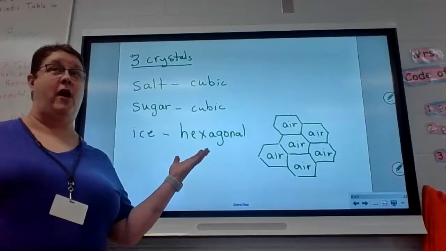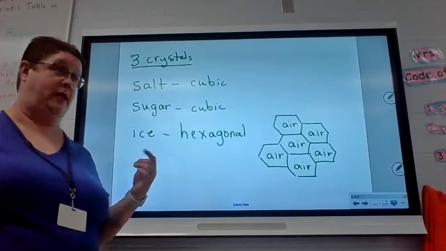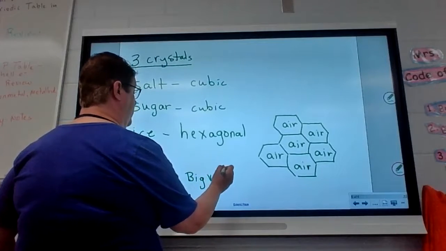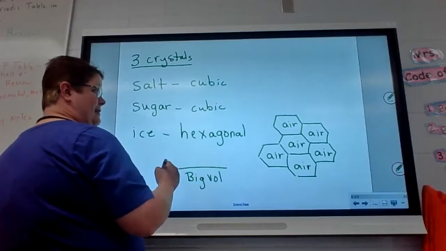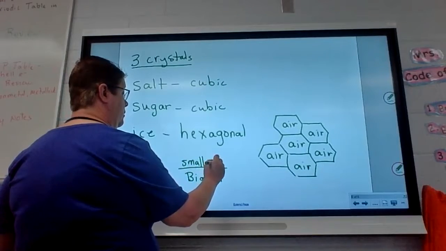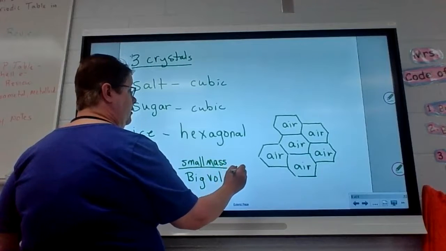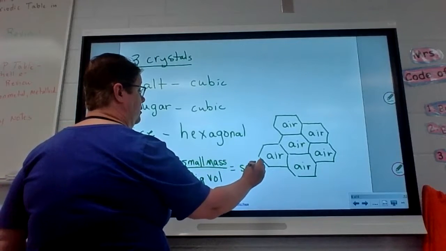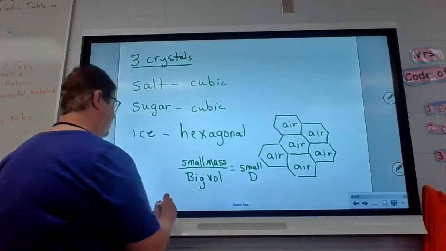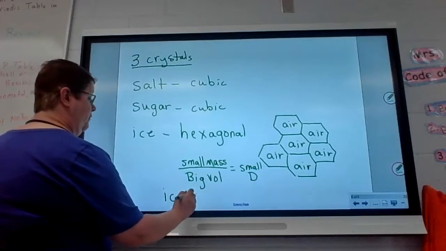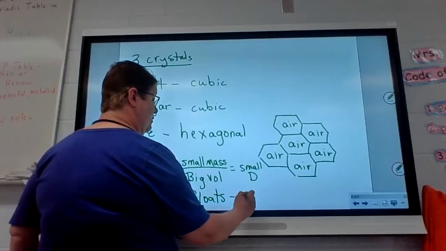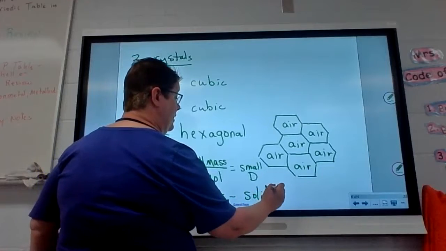Does it make it a bigger volume or a smaller volume? Makes it a bigger volume, which is on the bottom. All right, the mass becomes a smaller mass. And so when you divide, you get a smaller density. That's a nice drawing. That's why ice floats. Okay? Because the ice, the solid ice, is less.